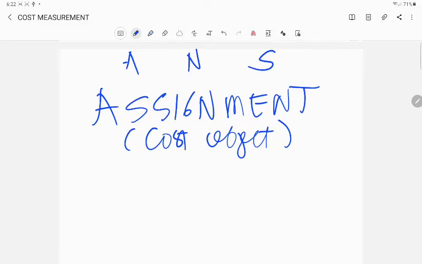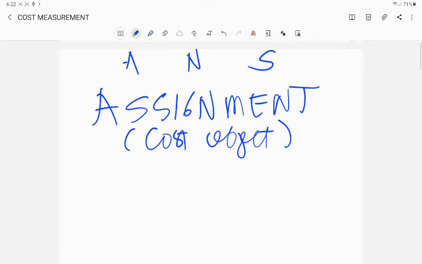O paano gagawin natin dito? Differentiate natin yung cost based on assignment. No? Ano ang gagamitin natin para ma-i-assign ang cost.